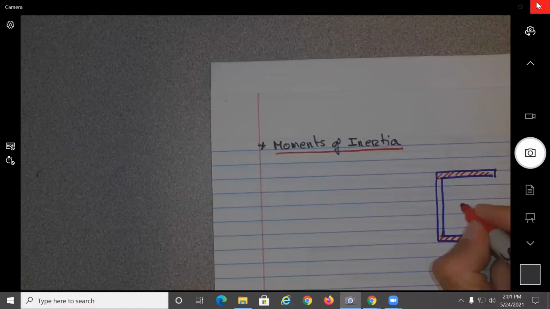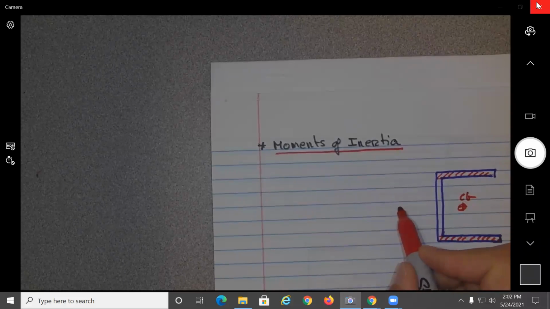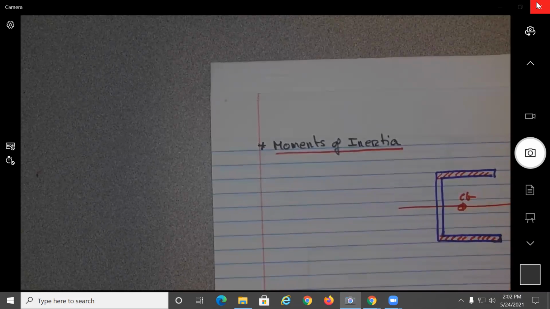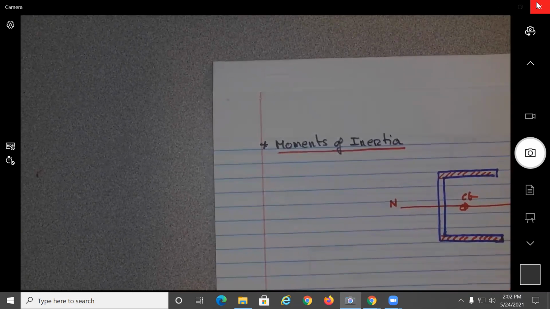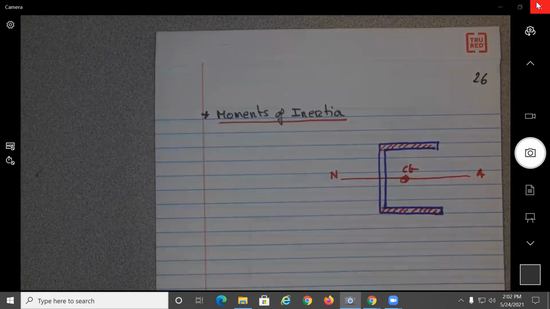So now we know the CG will be here. Let's check, this will be the neutral axis. We assume the moments are being applied at the CG.